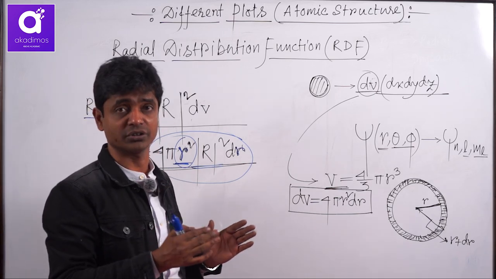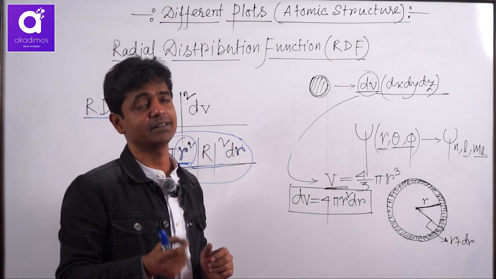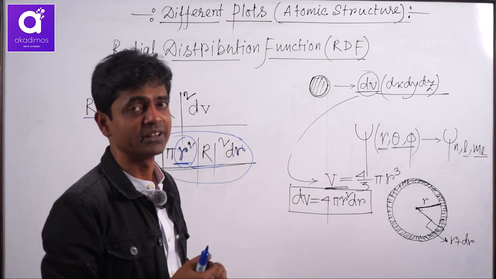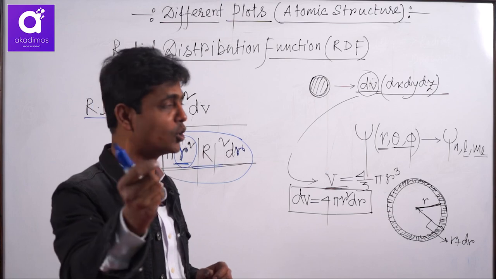Now I will take an example and do the plot. Of course, remember, before doing the plot you have to count the number of radial nodes.